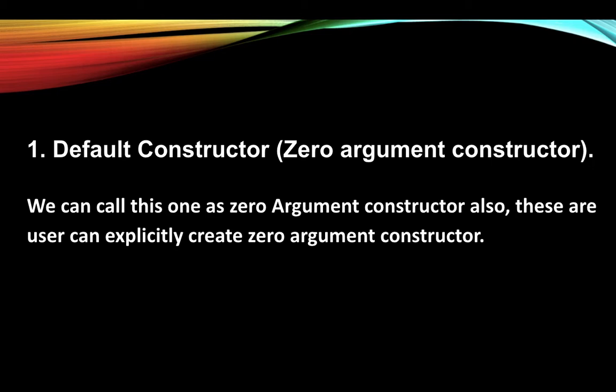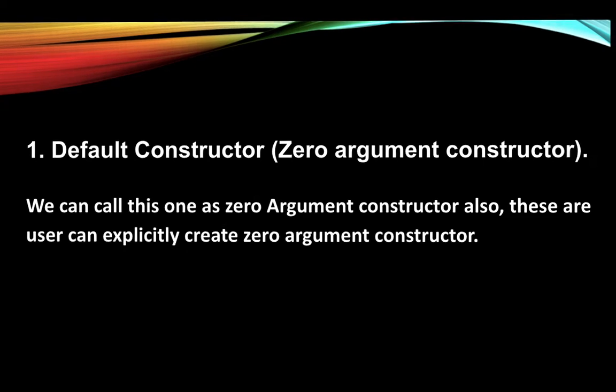The default constructor, we can also call a zero argument constructor, and the user can explicitly create a zero argument constructor. I will give an example of how the default constructor and zero argument constructor work.